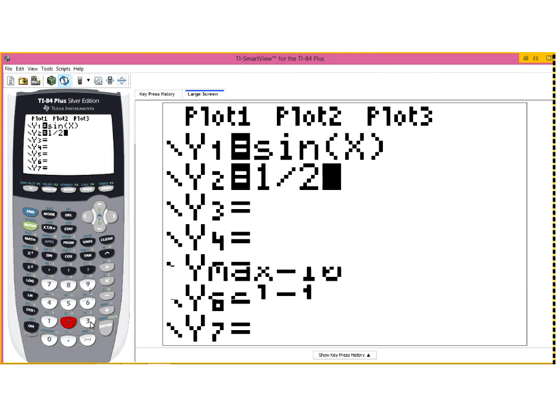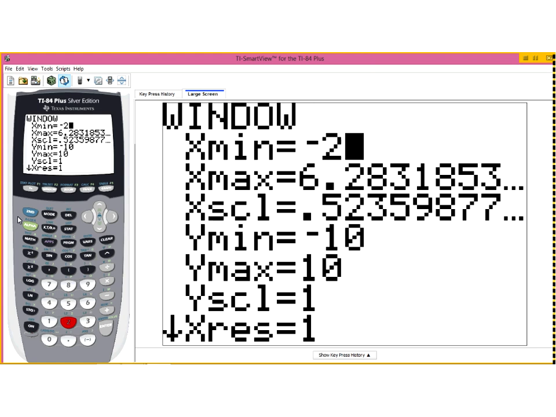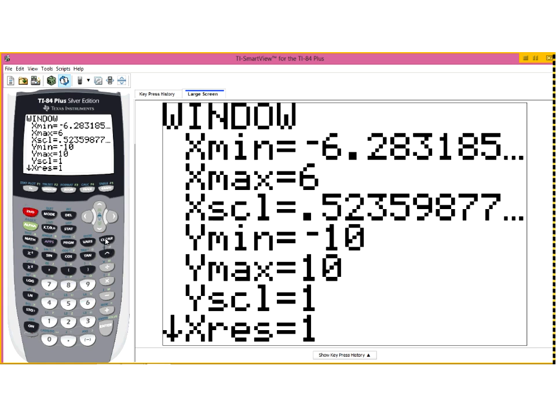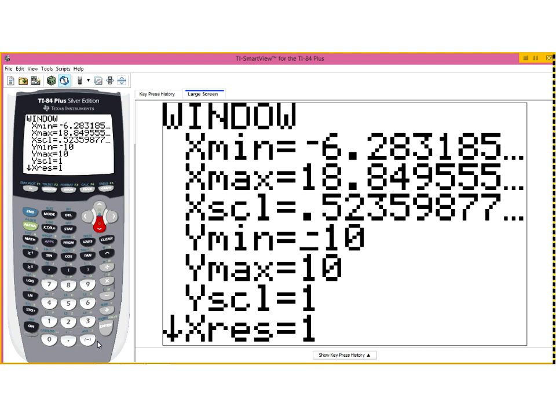I'm going to set my window to go from -2 pi to 6 pi, and my y min and max, I'm going to go to like -1.5 to 1.5. So I just want to be a little bit above and below the maximums. So there we go.